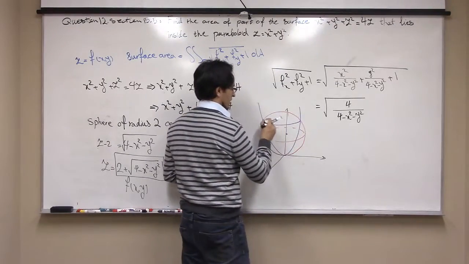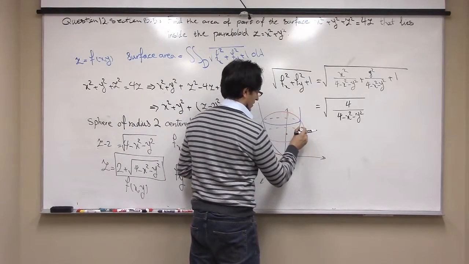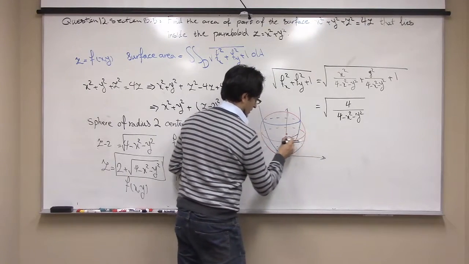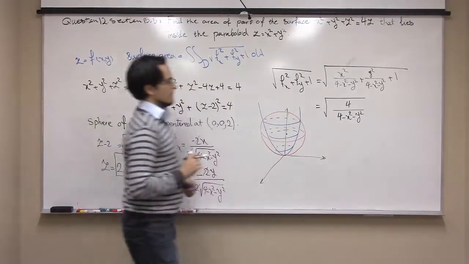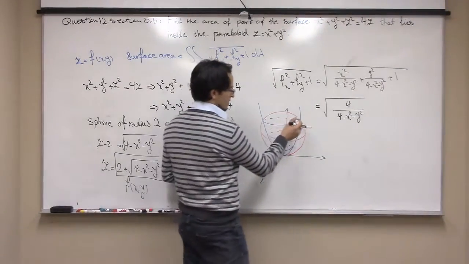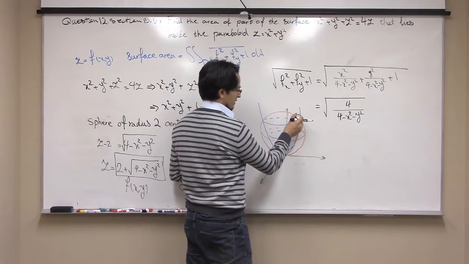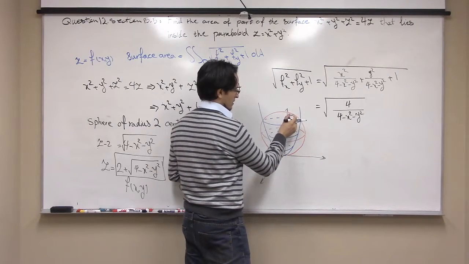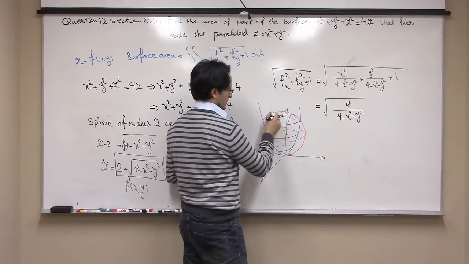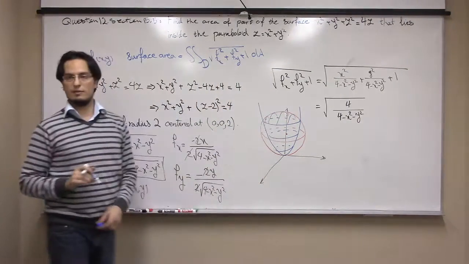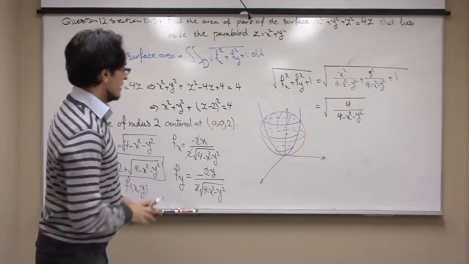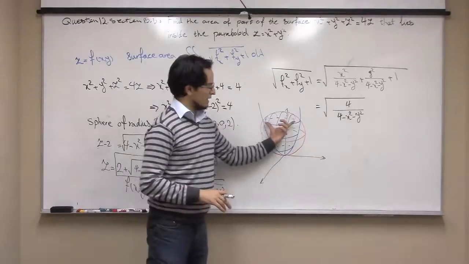And the part that we are trying to find the surface area of is this part. Now you ask, what is the region on which I have to take the integral?